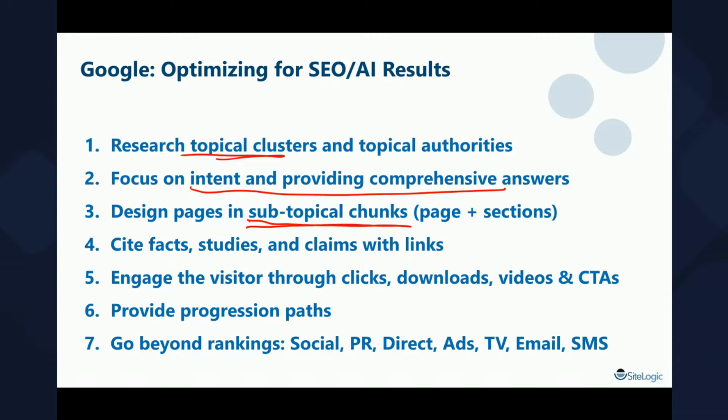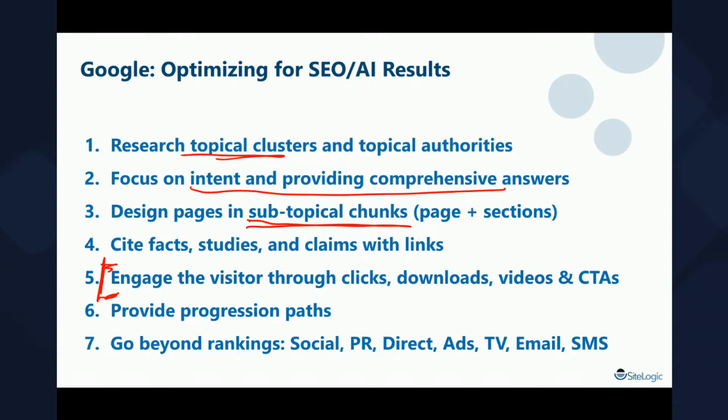Remember, SEO is going to look at the entire page. AI is going to look at a chunk. So make sure that you have independent chunks of information in context with the overall theme and topic that you're writing on. Cite all of your information, but keep the visitor on the page as long as possible.